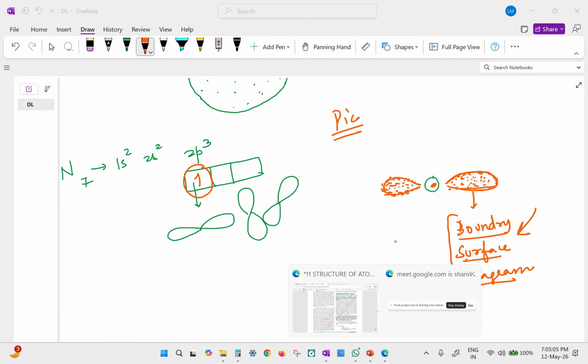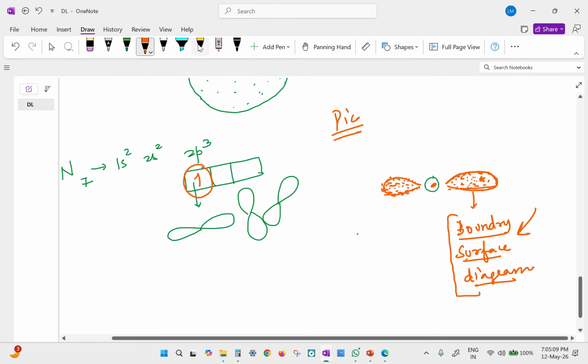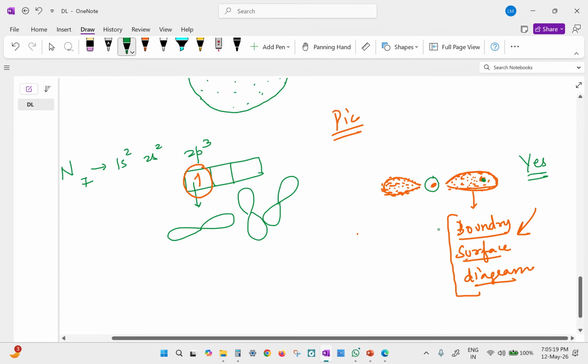Okay. So now tell me, is the electron found here? Is the electron found here? Yes, ma'am. You can't say yes, Shri, because it might next moment be elsewhere. So hence, very good. We are going to talk about probability. We cannot say the electron is going to be found there.